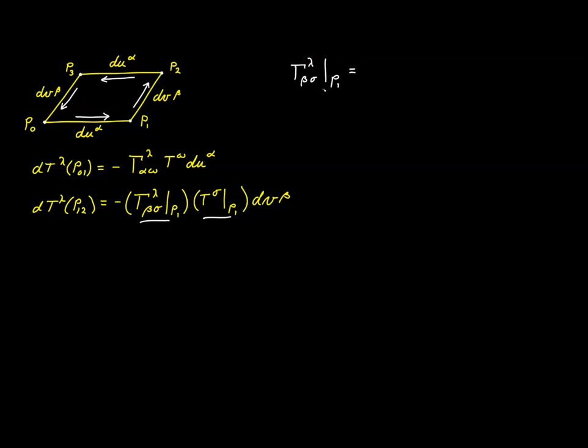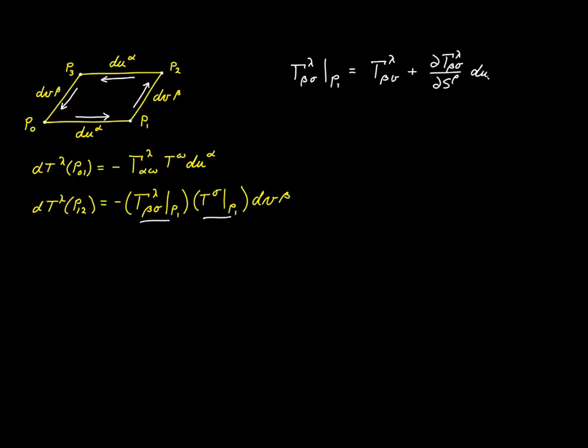So the Taylor series says, first of all, we start with the function at P0, so that's just gamma lambda beta sigma, and we add a term that involves the partial derivative of our function with respect to our coordinate value, and I'll use the index rho this time, so it's with respect to s rho, times the displacement, which is du rho.